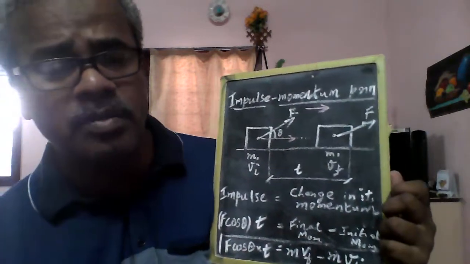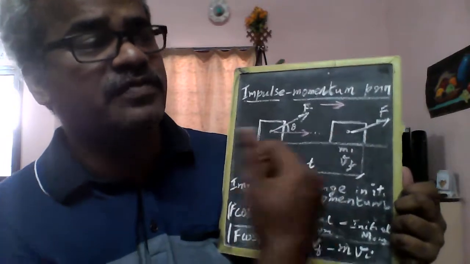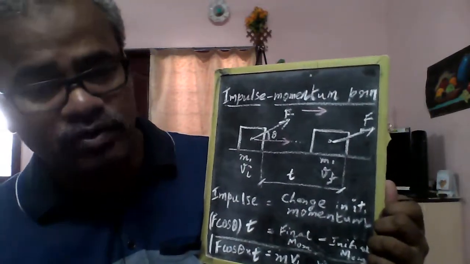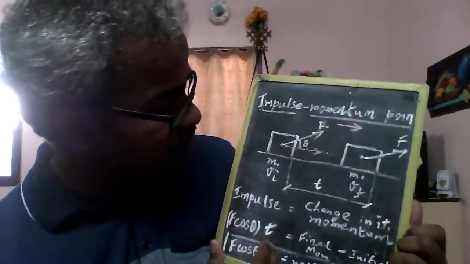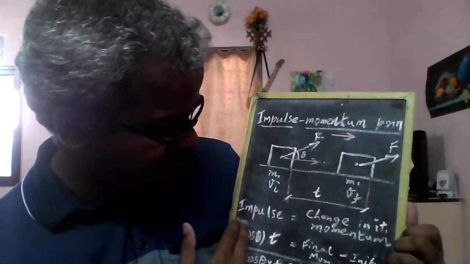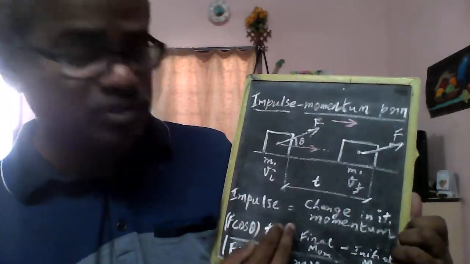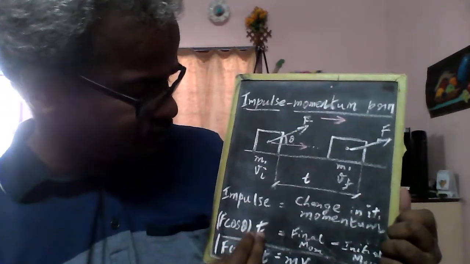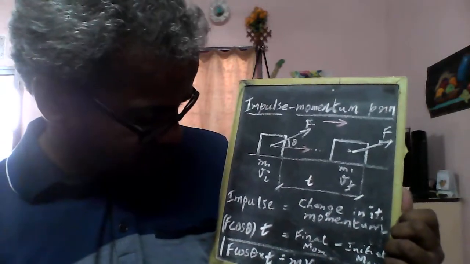If in a problem the time is given and it asks what the final velocity is after some time, you can go for the impulse momentum principle. The equation is: impulse is equal to change in momentum. The impulse, force into time, is equal to final momentum minus initial momentum.